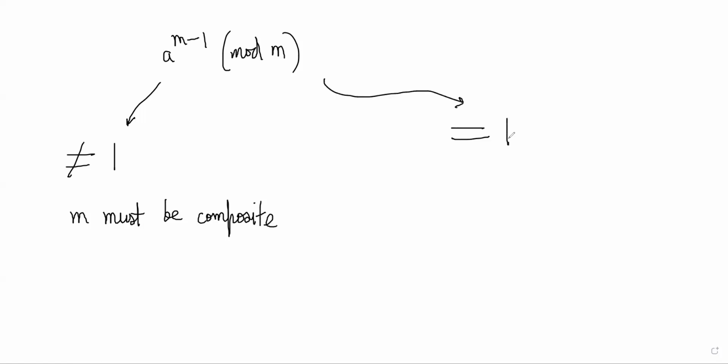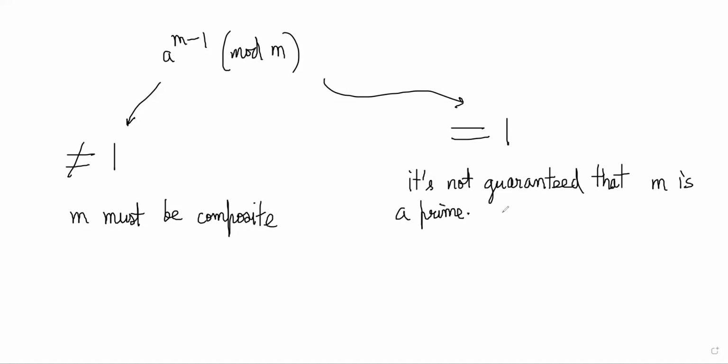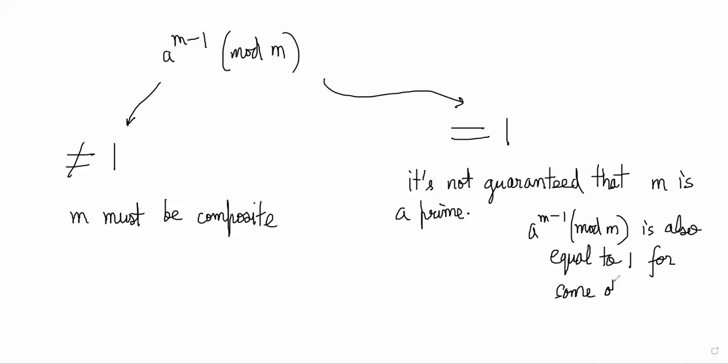However, if the answer is equal to 1, it is not guaranteed that m is a prime. It is highly likely that it is a prime, but it is not guaranteed, because then you will have to check whether a to the power m minus 1 mod m is also equal to 1 for some other value of a, and you'll have to check it for different values of a.